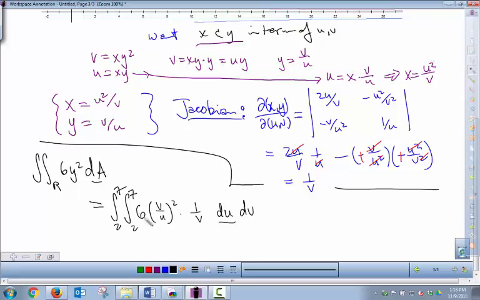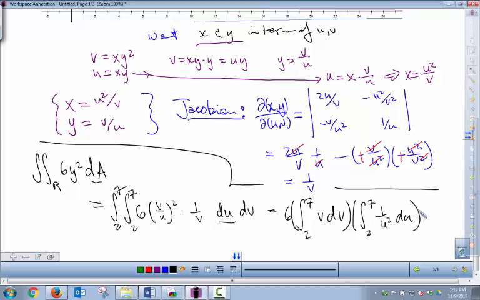In fact, since we have constant limits and these are factors that you can take out, you can take the 6 all the way out, and then you can decide to integrate with respect to v first, and one of the v's on top would cancel with the bottom, so that would just be 1 over v. And then since this is something that you can separate, you should be able to do those two integrals quite easily. Okay, any questions?